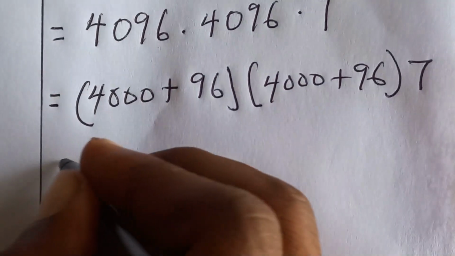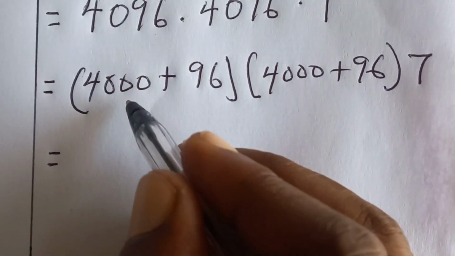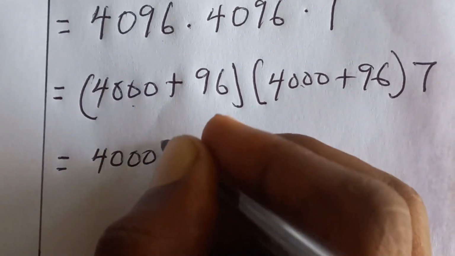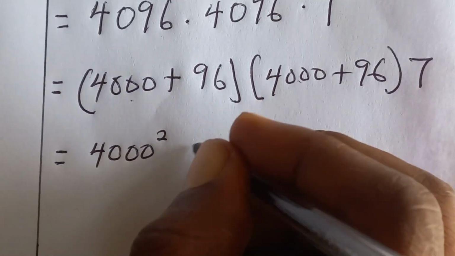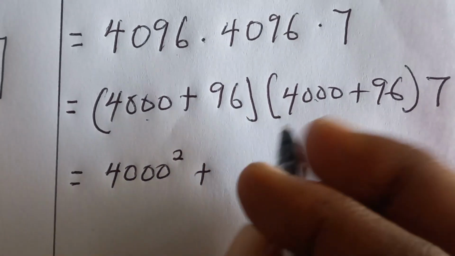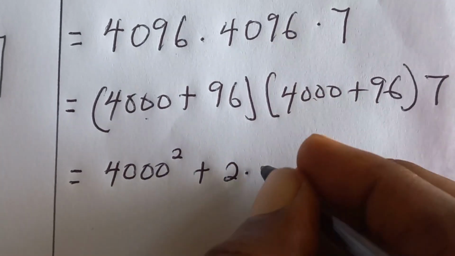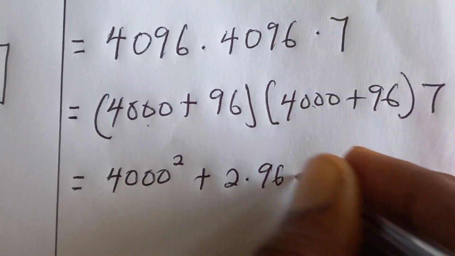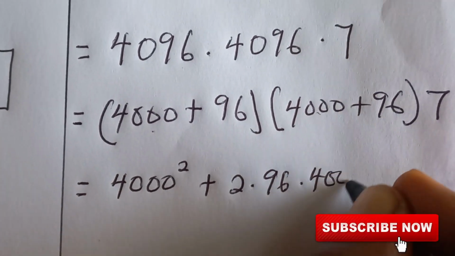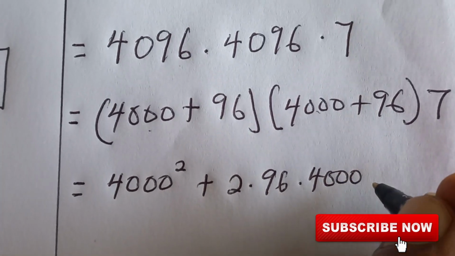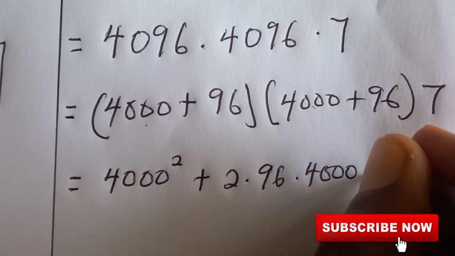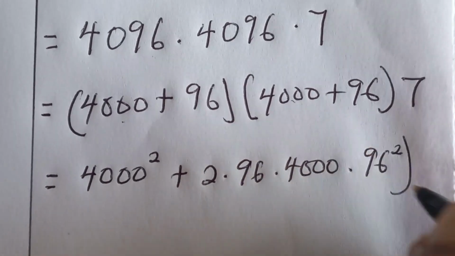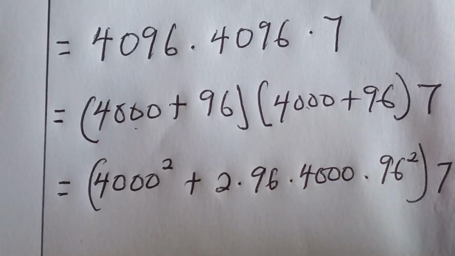For further simplification, this and this is going to give us 4000 squared, plus 2 times 96 times 4000, plus 96 squared, all in brackets, multiplied by 7.